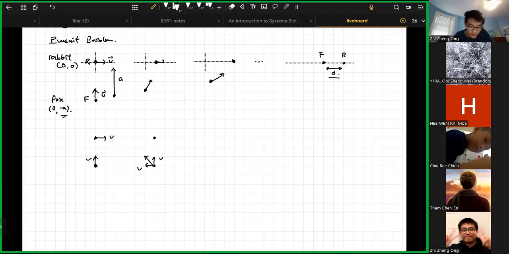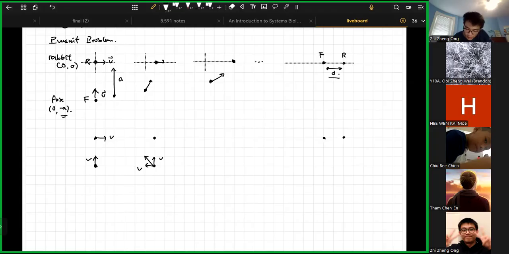And then after a really long time, what happens? After a really long time, they're still going to be separated by this distance D. At the end of the day, they're going to have zero relative velocity.